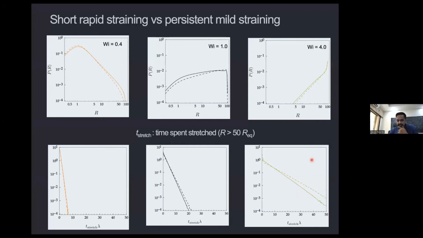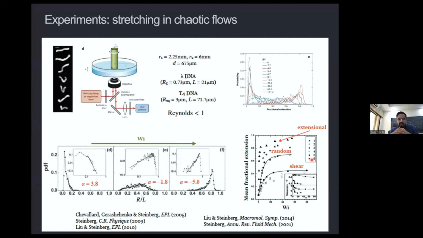Okay, so that was just by way of stretching. Before we end this part, I just wanted to mention that there have been experiments that verified these kinds of power law tails. Of course, they were not done in high Reynolds number turbulence because it's very difficult to look at things smaller than the Kolmogorov scale. Instead, they were done in the chaotic flows that arise at low Reynolds numbers when you have elastic turbulence.